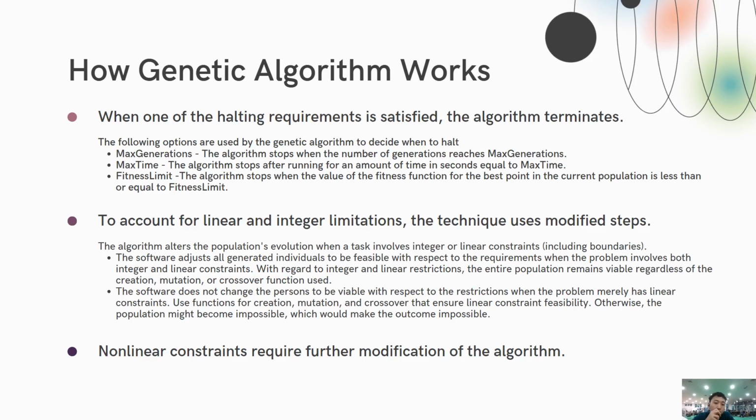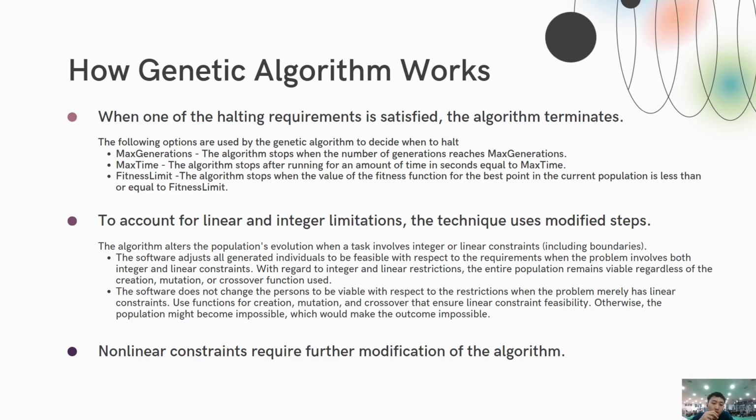And there are two cases for linear and integer limitation. The technique used is a modified state. The algorithm alters the population evolution when a problem involves integer or linear constraints, including boundaries. The software adjusts all generated individuals to be feasible with respect to the requirements when the problem involves both integer and linear constraints. With regard to integer and linear restriction, the entire population remains viable regardless of the creation, mutation, or crossover function used.